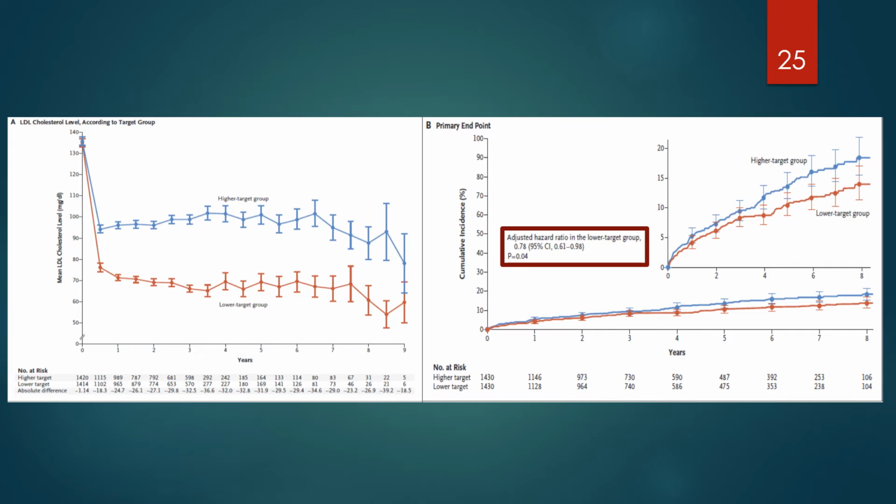Here is a great graph to show the amount of time that the group spent at the goal range. So you can see on the left-hand picture, the target group was attained for most of the study time, and on the right-hand side, the primary endpoint was statistically less in the lower treatment group than in the higher treatment group or higher target group.